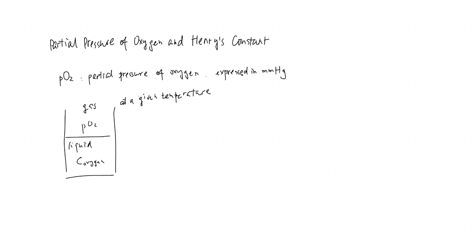That's exactly the case. So this relation is given by what we call Henry's constant. So the partial pressure of O2 in the gas phase equals the Henry's constant for oxygen multiplied by the concentration of oxygen.